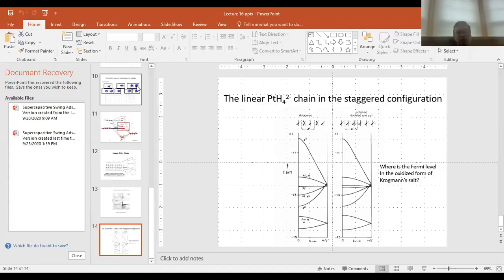Now we have discussed examples of one-dimensional extended solids. Now let's go from 1 dimension to 2 dimensions. We can briefly start with that in the last 5 minutes.